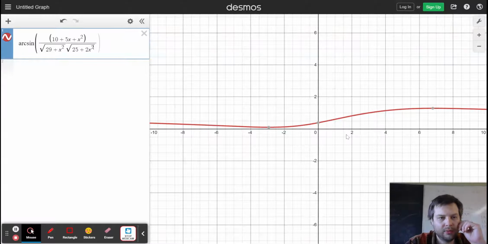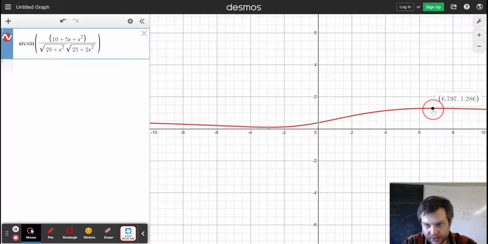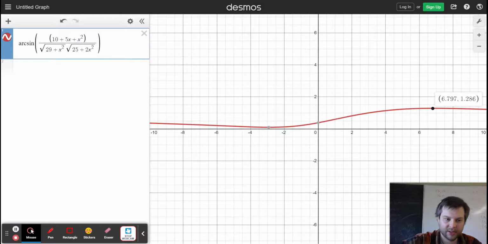And we are looking for the maximum value of that. And that occurs right here, which is the same value that the textbook gave. So that's our maximum p value.